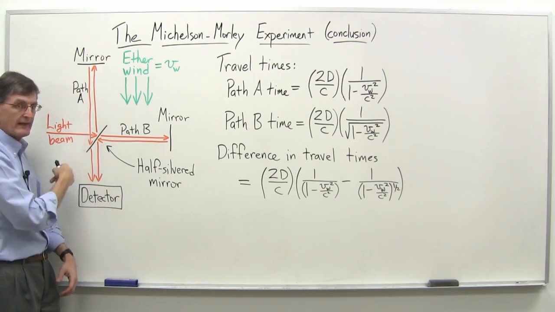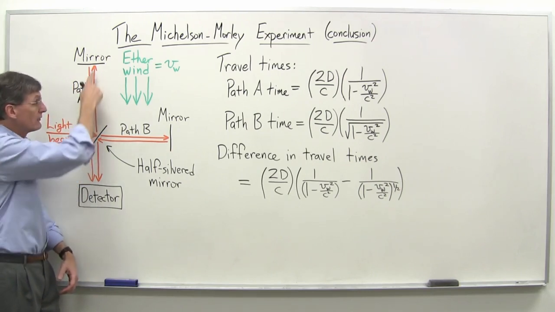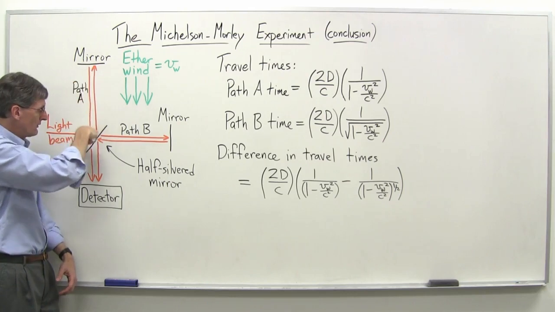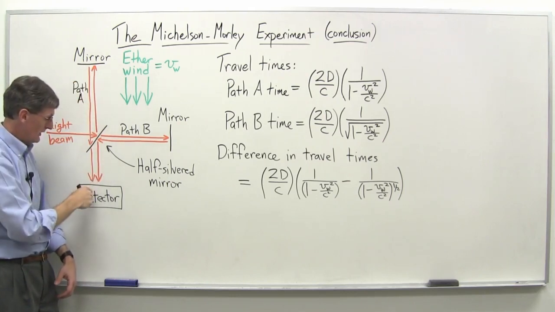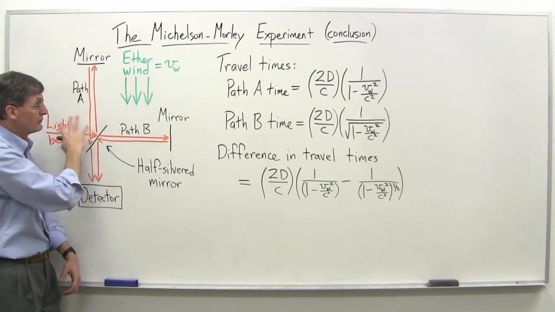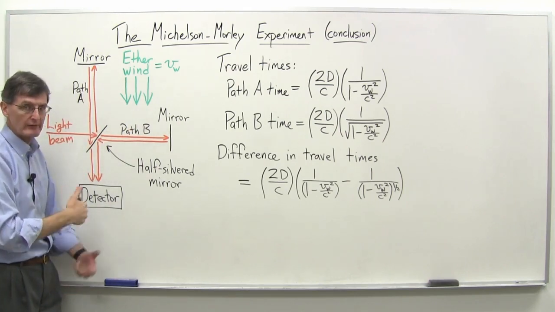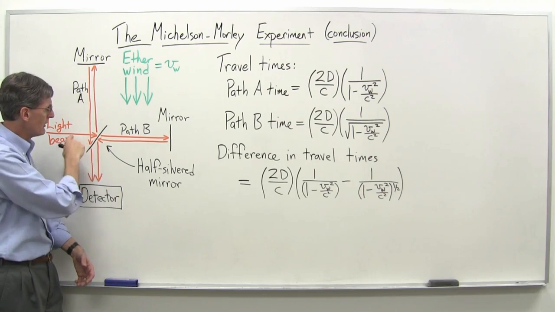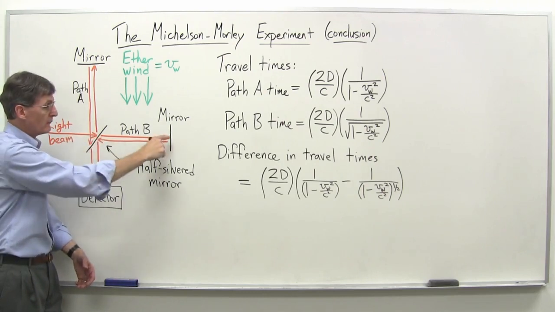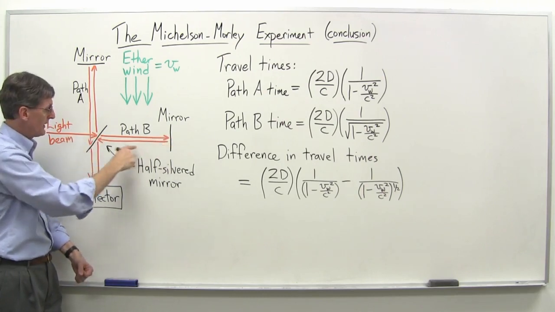So that's path A, off the half-silvered mirror, up to this full mirror, back down again through the half-silvered mirror and to the detector. And then path B, which is going crossways in comparison to the ether wind that's assumed to be there, goes through the half-silvered mirror, bounces off this full mirror, back to the half-silvered mirror.